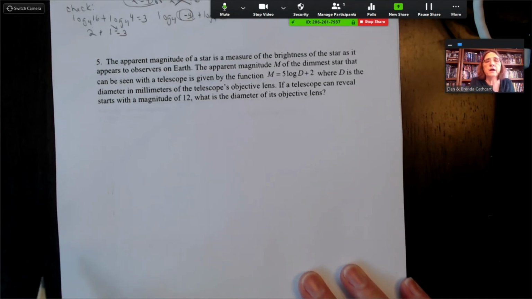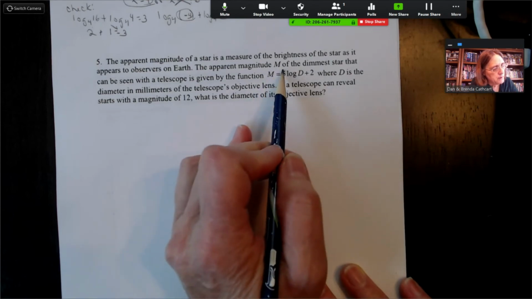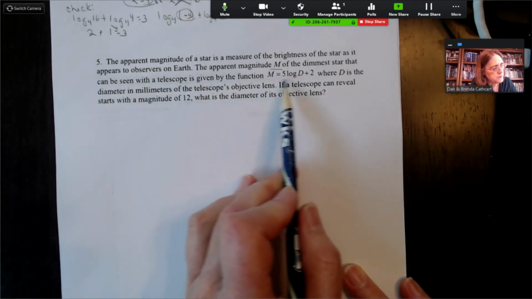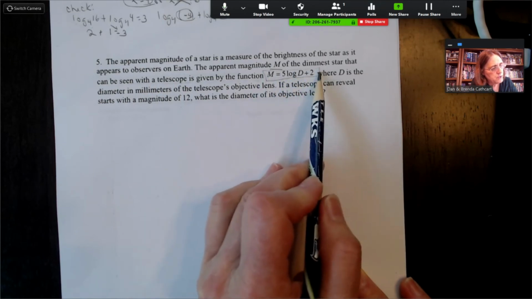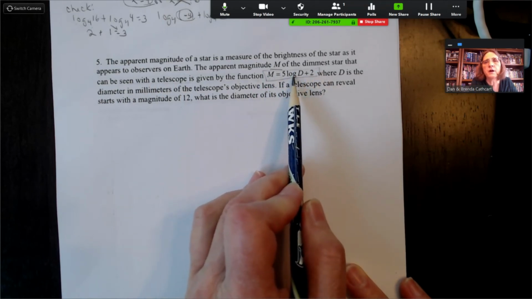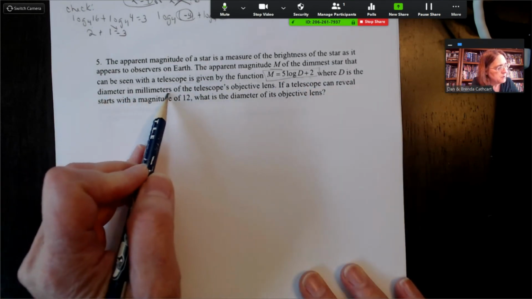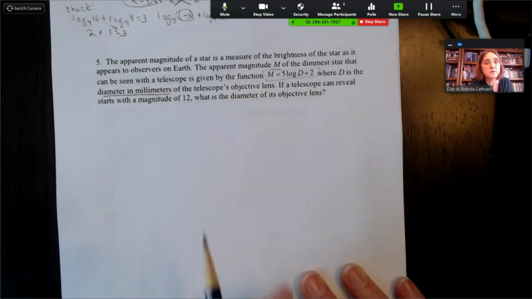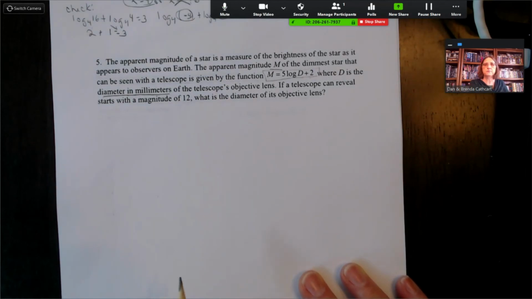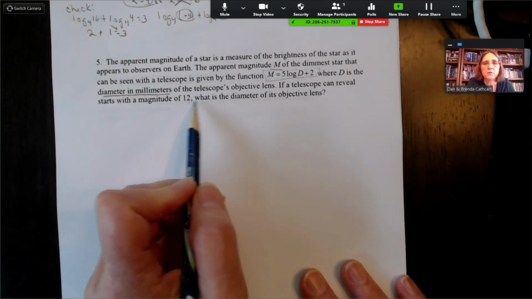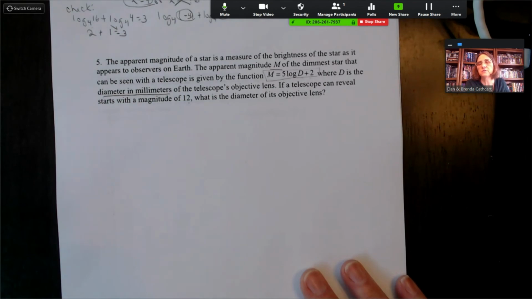So the apparent magnitude, we call that m, of the dimmest star that can be seen by a telescope is given by the equation m equals 5 times the log of d plus 2, where d is the diameter in millimeters of the telescope's objective lens. Okay, so if a telescope can reveal stars with magnitude 12, what's the diameter of its objective lens?